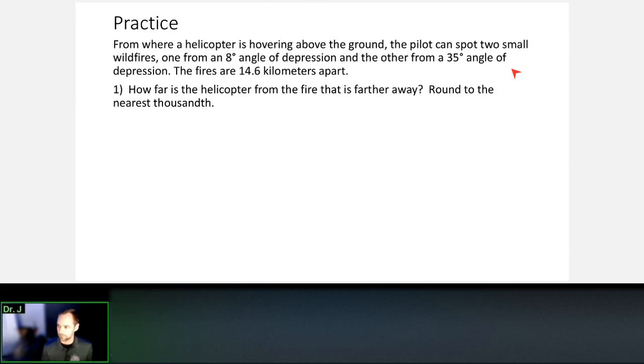Isaiah, still working? Remember, we're just creating the diagram showing where everything is at. You're not labeling anything yet, unless you want to, but I'm just waiting for everyone to create their diagram.